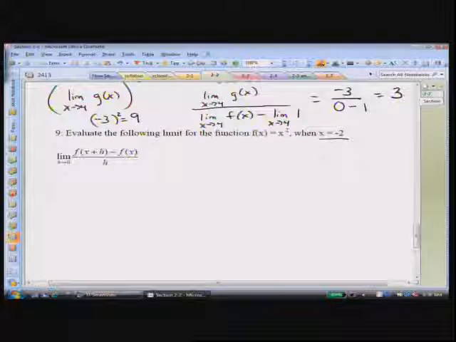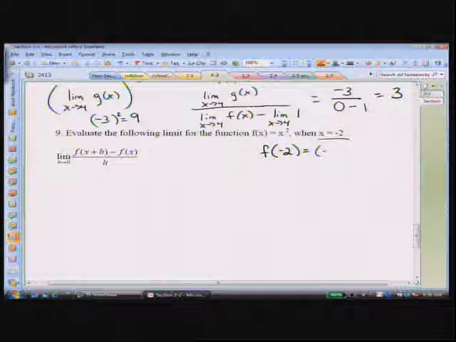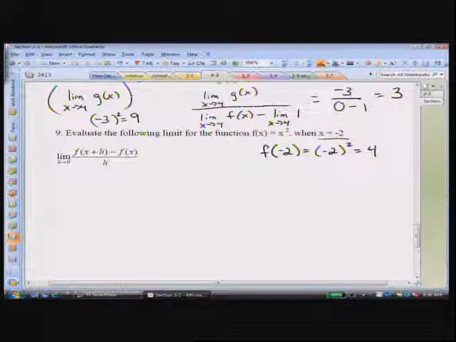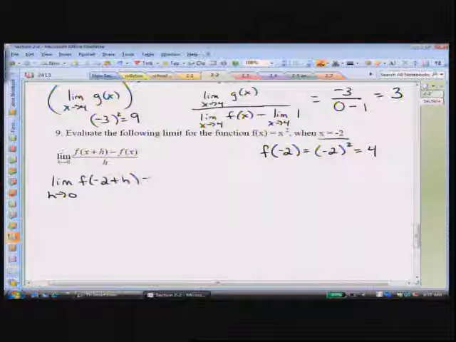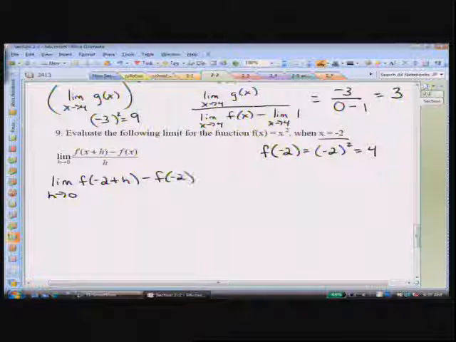So f of negative 2 is negative 2 squared, which is, of course, 4. So they want us to look at the limit as h goes to 0 of f of negative 2 plus h minus f of negative 2 all over h.